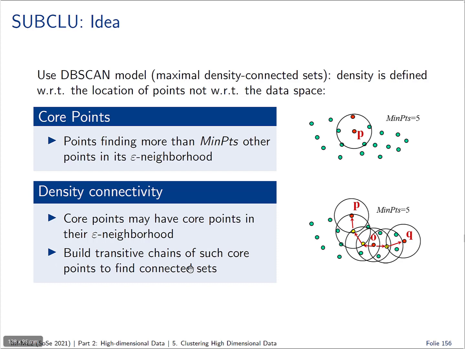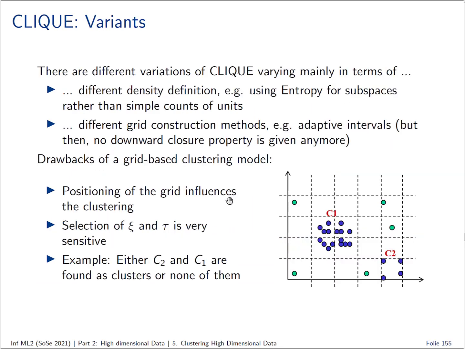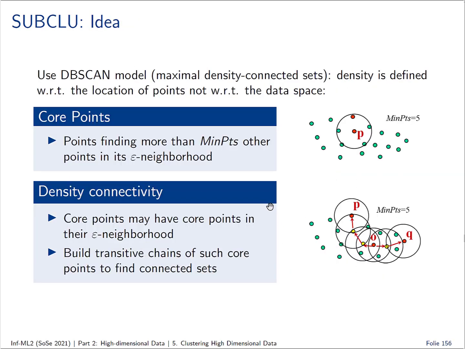So we can build this transitive chain of core points to find these density connected sets, and DBSCAN clusters then a maximal density connected set. Like these maximum connected dense units here.